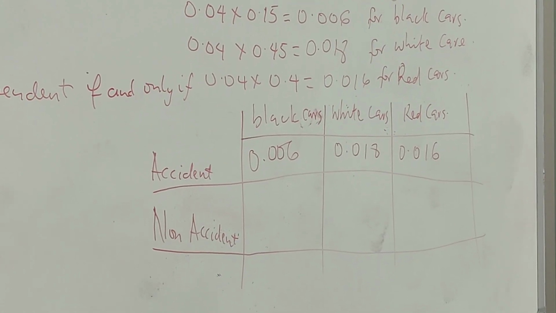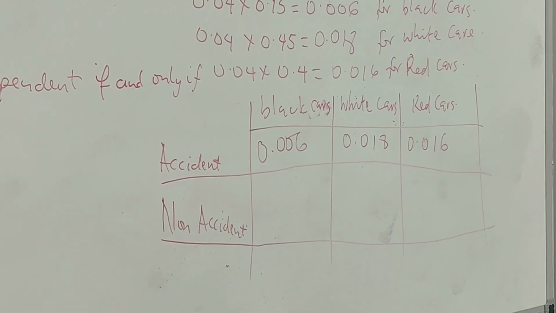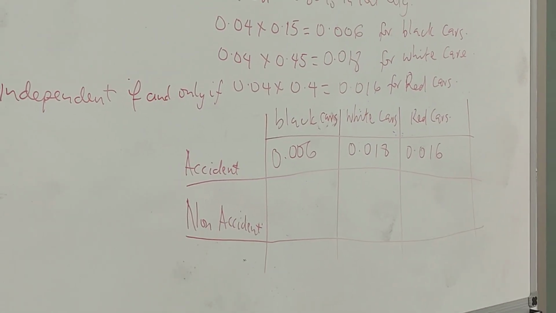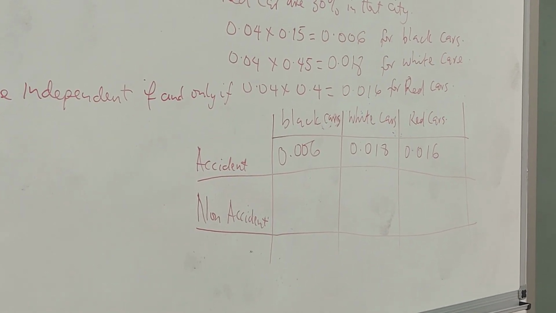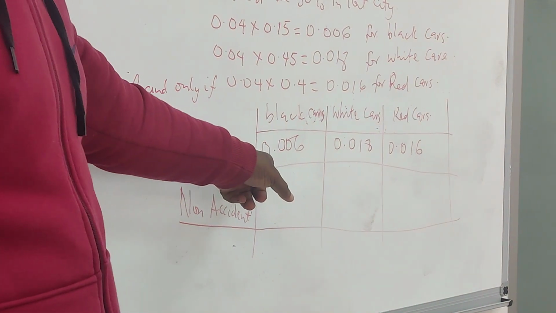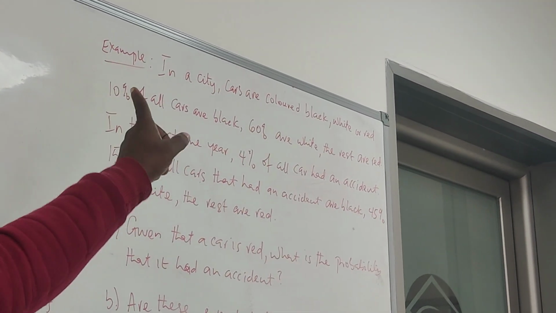So, in order for us to get the probability for those that are not involved in an accident, we subtract the probability of those that are involved in an accident from the total number of black cars.